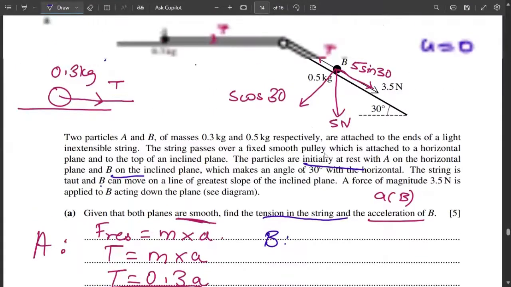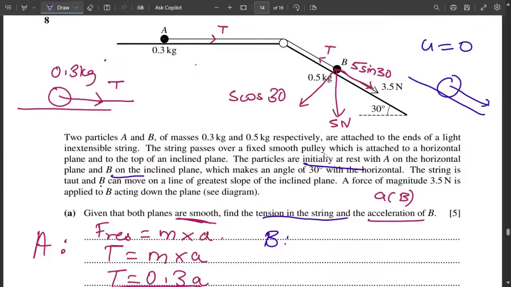For B, there are a few forces. The 3.5 Newton force is acting down the slope. Then 5 sin 30 is acting downwards along the slope. Then 5 cos 30 is acting like this. Tension is acting upwards along the slope. The 5 cos 30 does not matter to us because it is nowhere affecting the acceleration of the particle parallel to the slope.